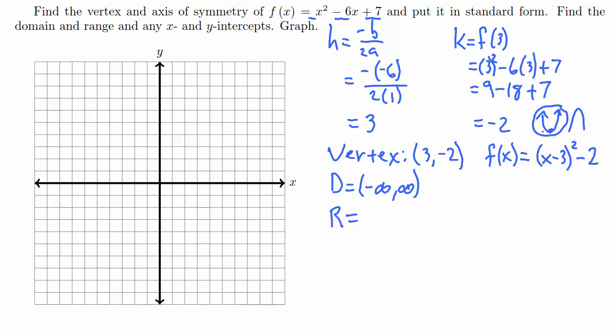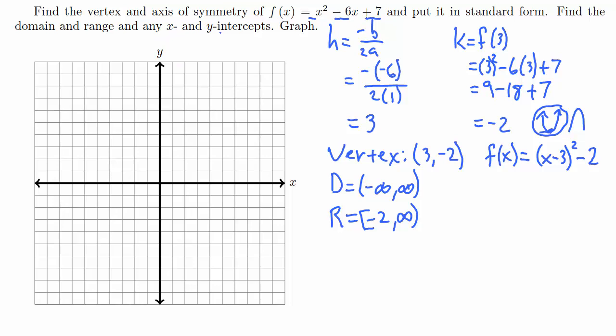So the y value, it starts at the lowest value at the vertex and it goes upward. So the range, the lowest value for the y is negative 2, and the upper value is going to be infinity because it keeps going. So we've just found the domain and range.